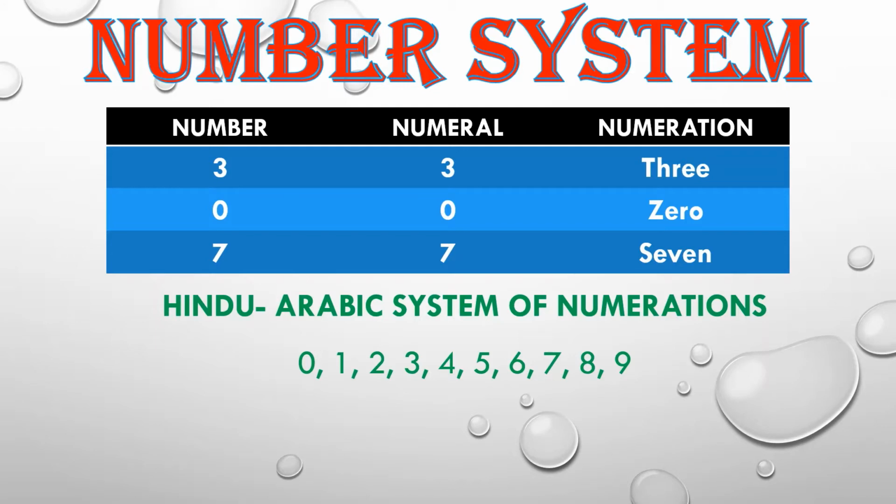Each of these 10 symbols is called a digit. Out of these, 0, 2, 4, 6, and 8 are even numerals, and 1, 3, 5, 7, and 9 are odd numerals.